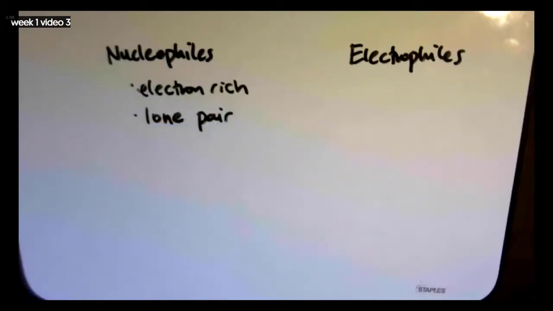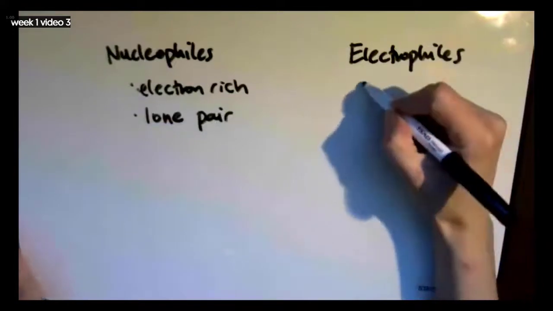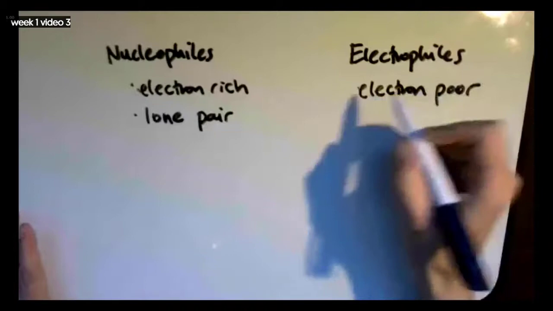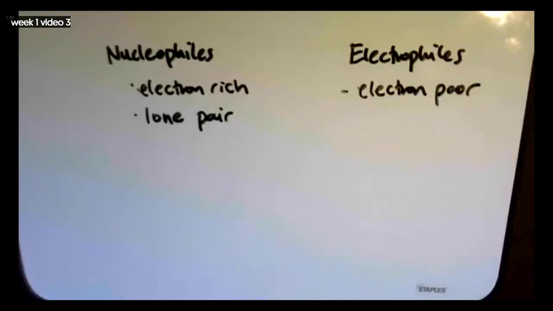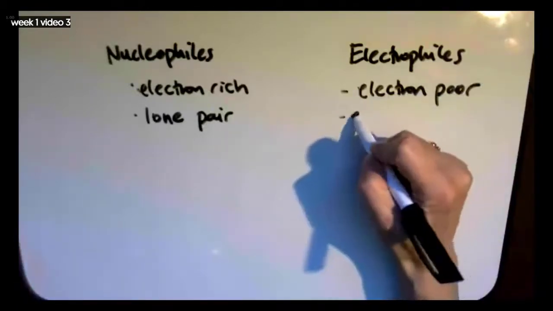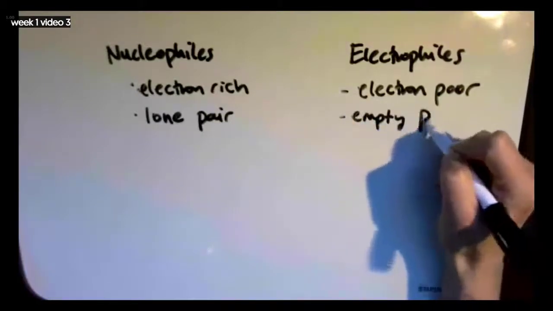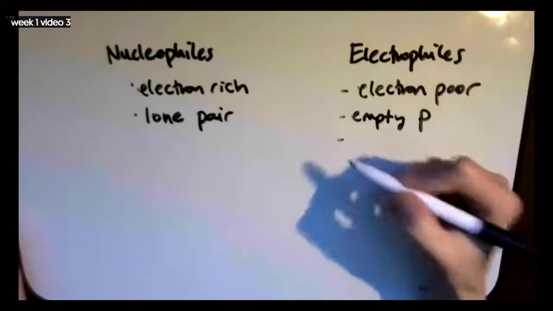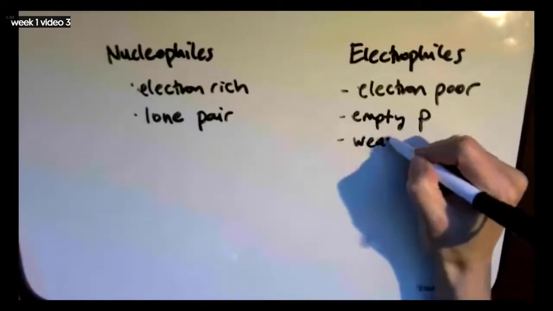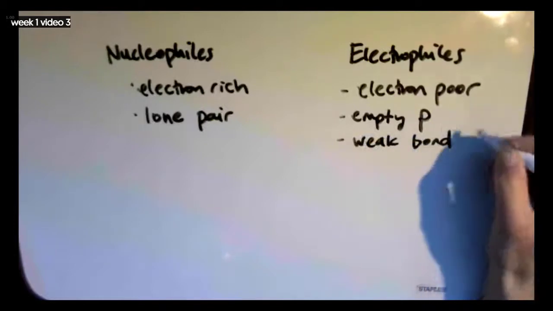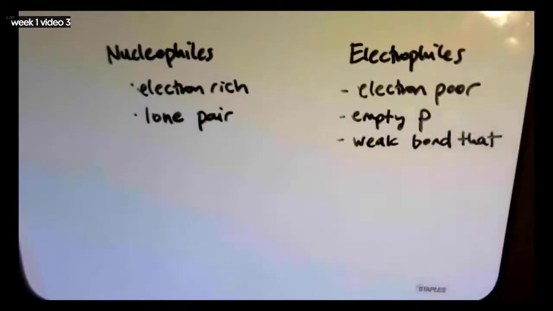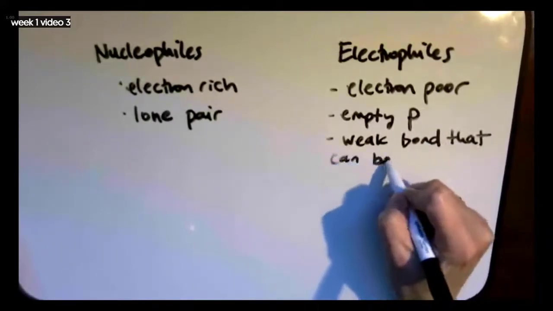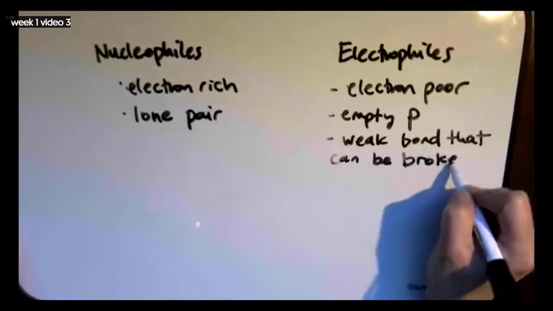The electrophiles, on the other hand, are typically electron poor. And a lot of times they'll have an empty p orbital or a nice weak bond that you can break by attacking with a nucleophile. So a weak bond that can be broken. Okay.